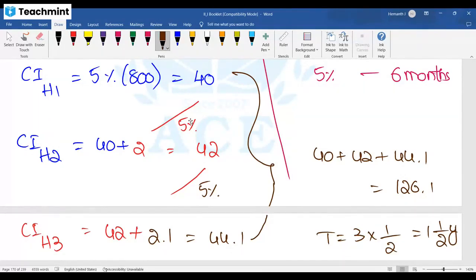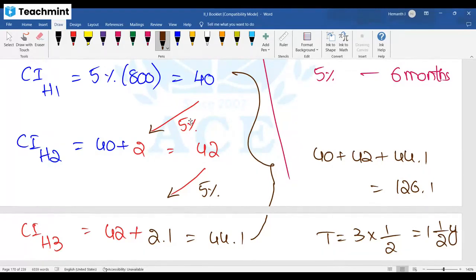One among that, and a pretty easy one without using any calculator, is this method. Right, so let's go to the next question.